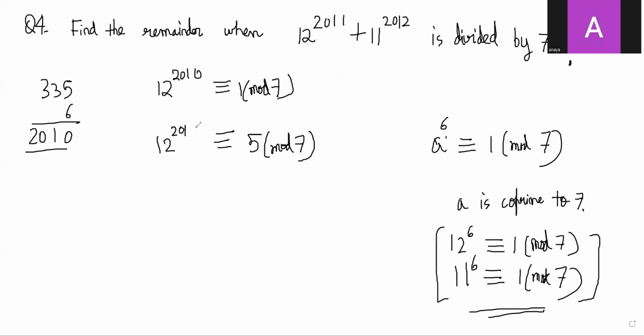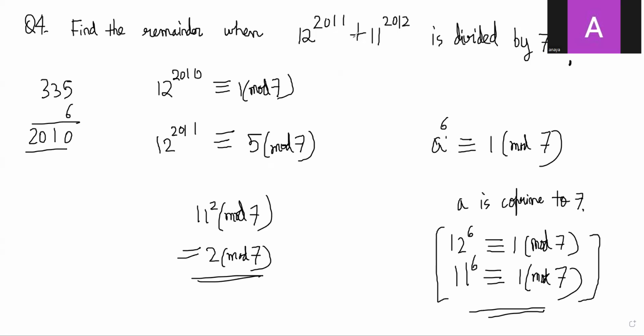Similarly, 11 to the 2012 is like 11 squared multiplied by 1, so it is 11 squared mod 7, which is basically 121 mod 7. 70 and 30 and 21, 51, so 2 mod 7.